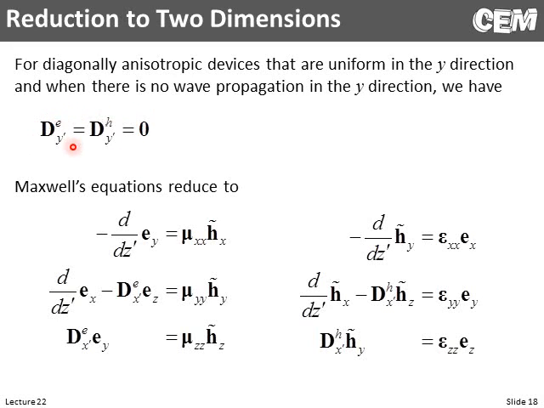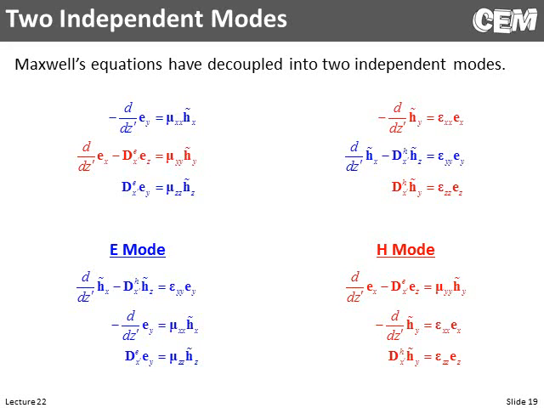Well, then we go back to those 6 matrix differential equations that came from Maxwell's equations, and we set all of the y derivatives to 0. And we end up here. And it shouldn't be surprising what happens next. What happens next is that our 6 equations have decoupled into 2 independent modes. One we'll call the E mode, and one we'll call the H mode. And so here I've color coordinated it.